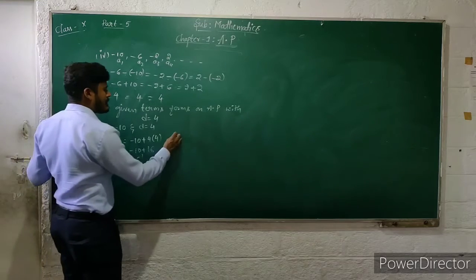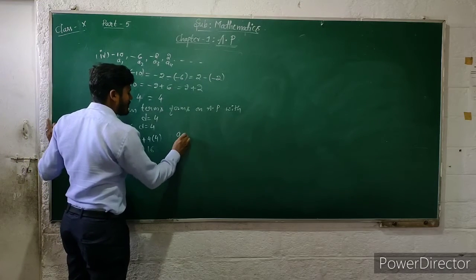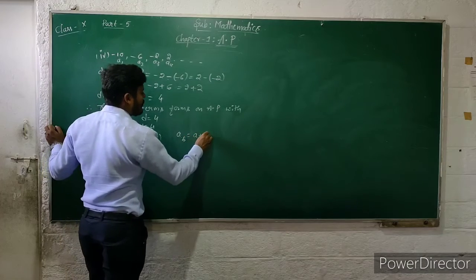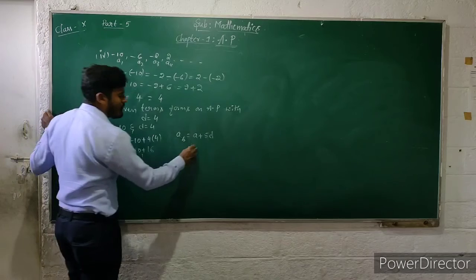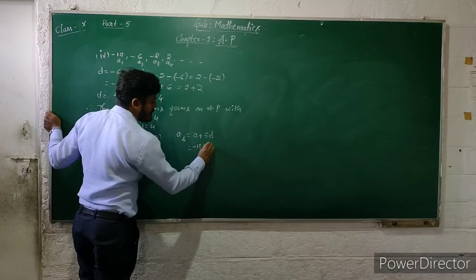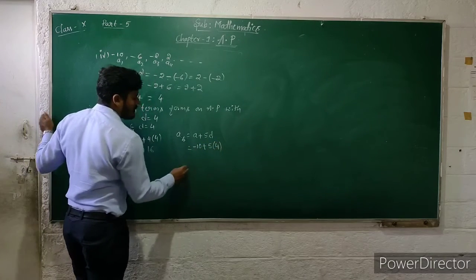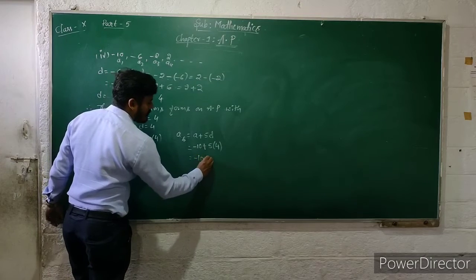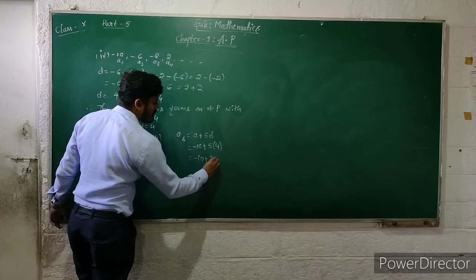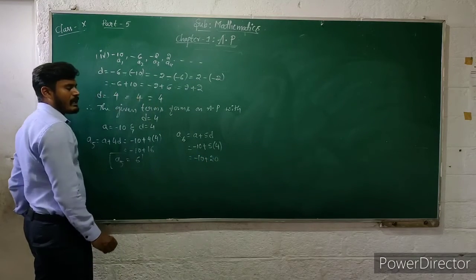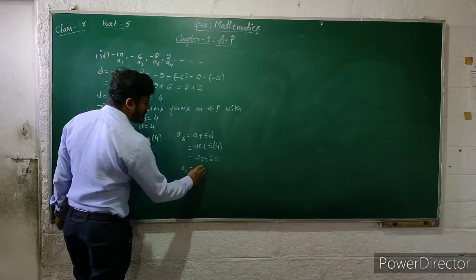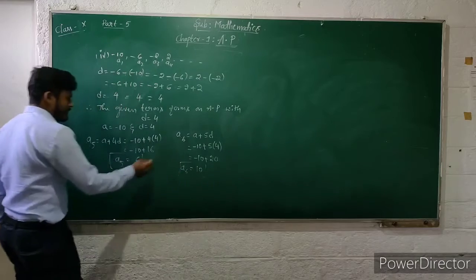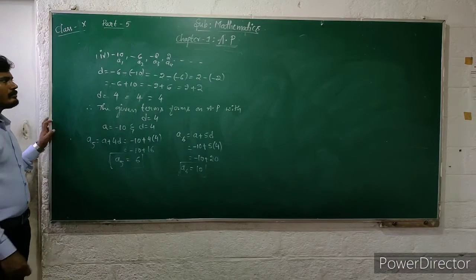Then find out the sixth term, A plus 5D. Here A is -10 and D is 4. -10 plus 5 of 4. So -10 plus 5 fours are 20. So -10 plus 20. Sixth term is equal to plus 10. So sixth term is 10.